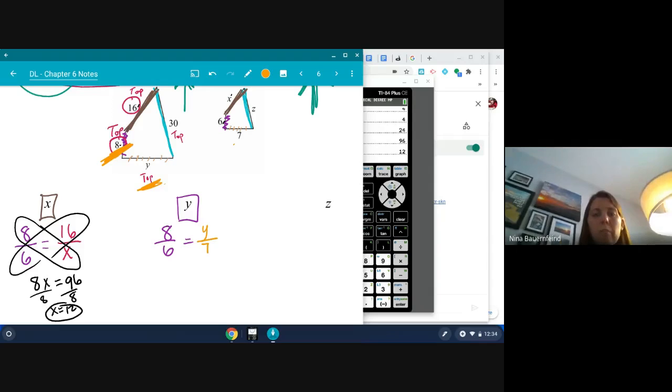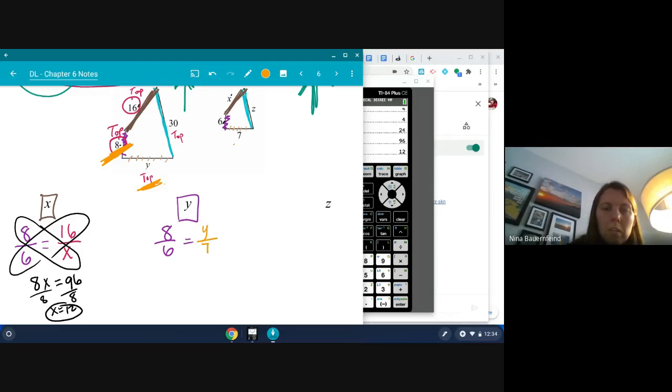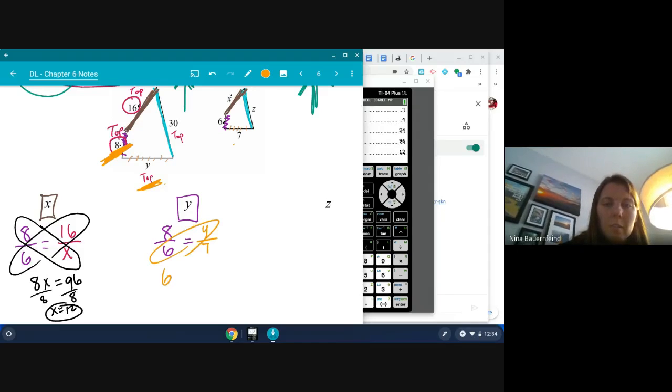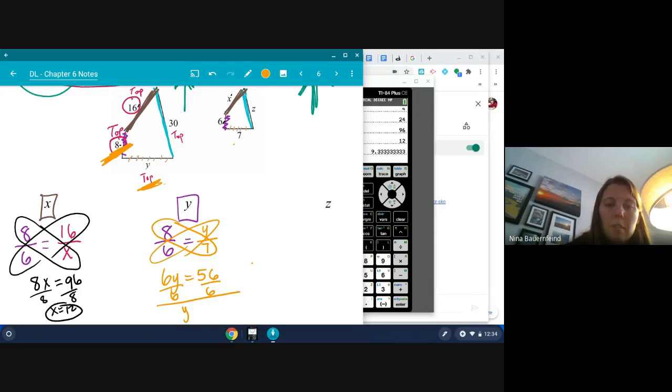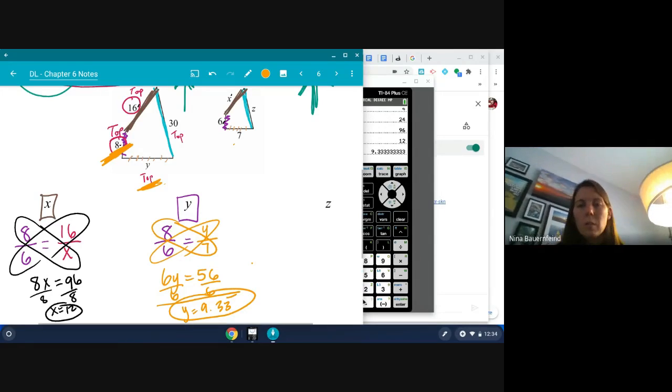So we got y over 7. And then we cross multiply. 6y equals 7 times 8 is 56. Divide by 6, divide by 6. 9.33 repeating. You guys should have all nice numbers, so don't worry about rounding.